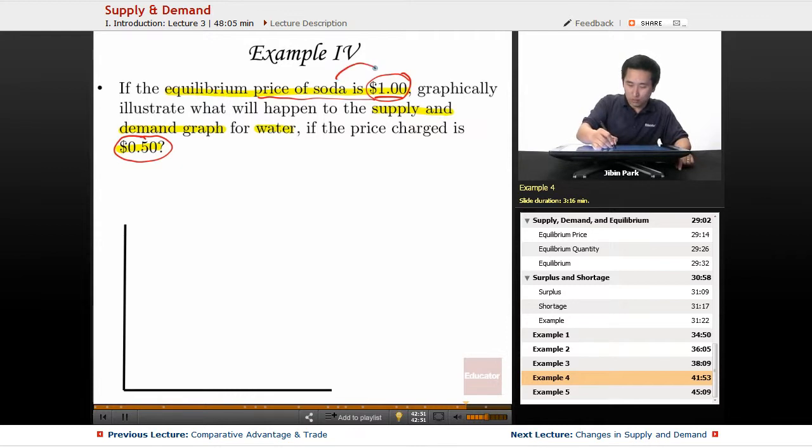These are two different products: this is soda, and this is H2O, water. What happens if you charge 50 cents here? The reason is, you can do a lot of different things if you change the price here, but let's assume that the equilibrium is $1 for soda. Q1.